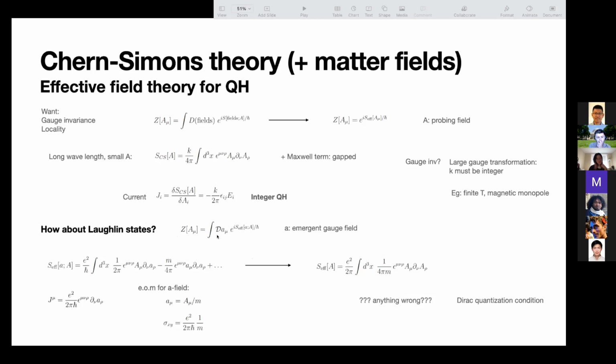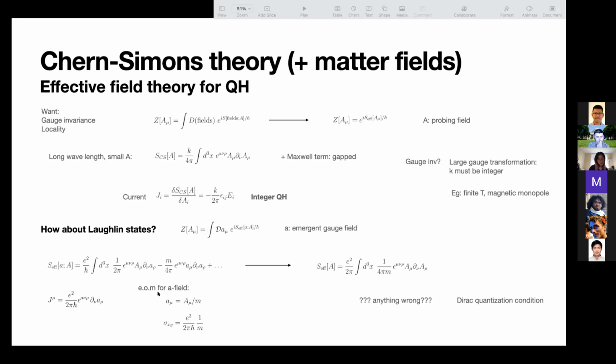Since now we know this Chern-Simons term is gauge invariant, we can introduce a Chern-Simons term for the emergent gauge field and have a mutual Chern-Simons term between the probing field and the emergent field. Then the current of this probing field is given by this, and automatically the current is conserved.